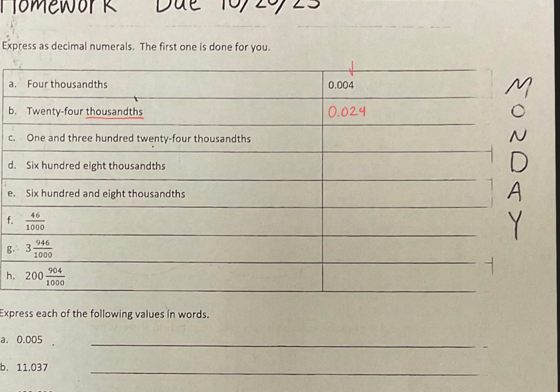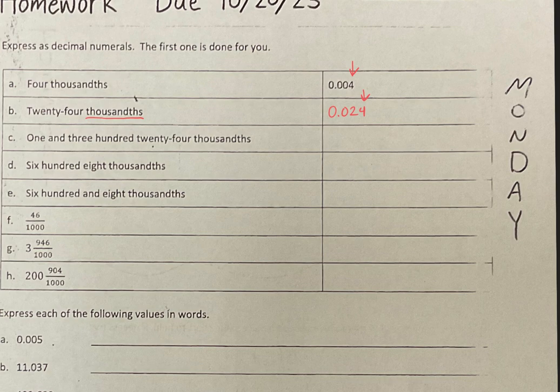So there's a 4 in the thousandths place, right? So if we have 24 thousandths, we know that our last digit is going to be in the thousandths place, but we have 24. So the 2 is actually going to go in the hundredths place to make it 24 thousandths, because 2 hundredths plus 4 thousandths is the same as 24 thousandths.